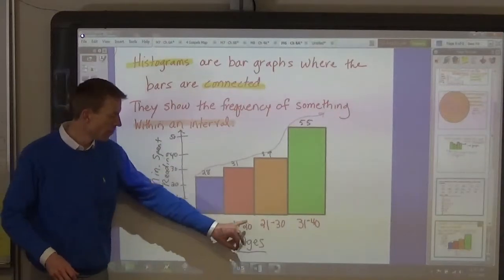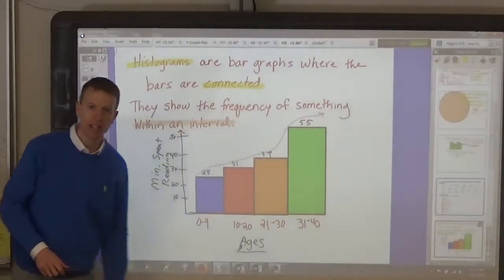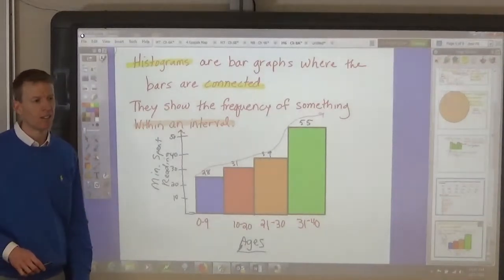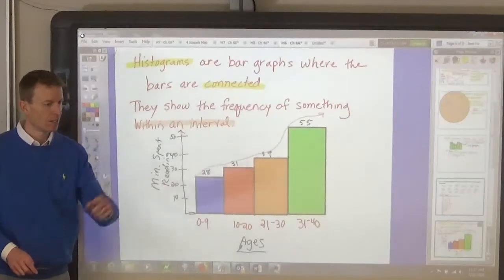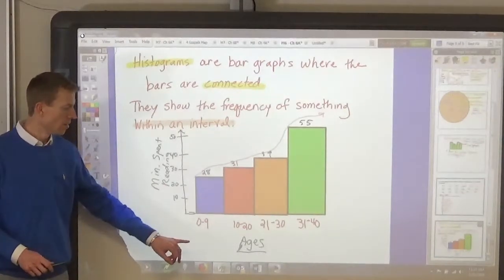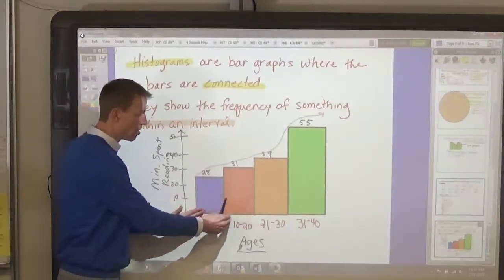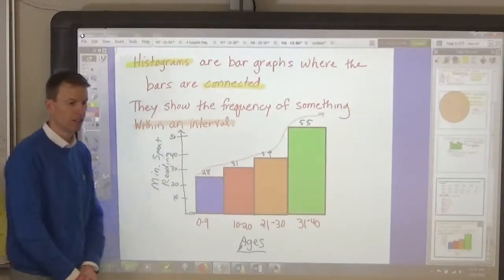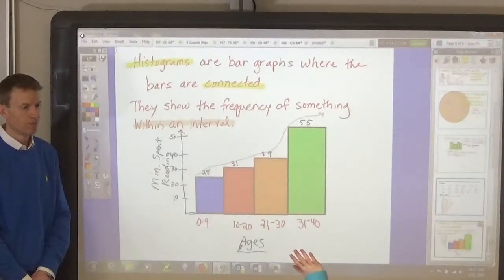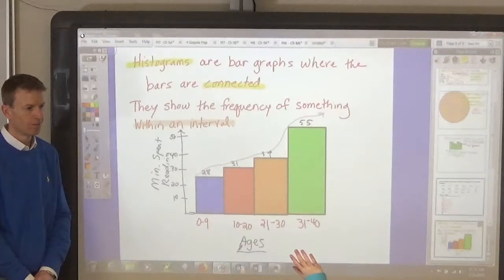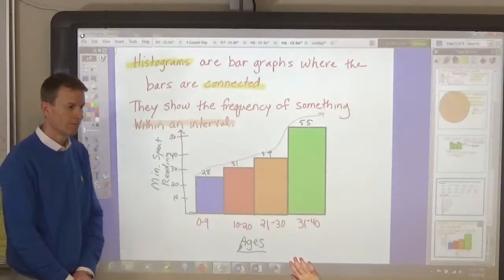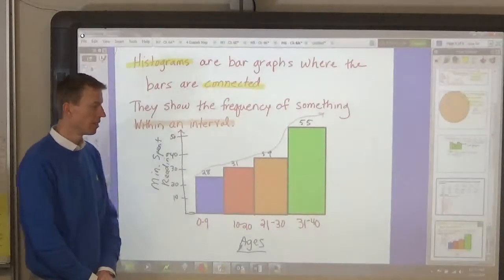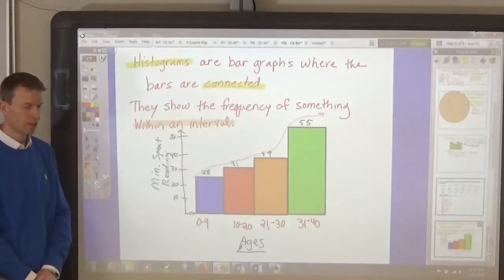And the interval of ages is 0 to 40 years old. No, the interval of ages is how many years? So 10 years. Yep, 10 years.